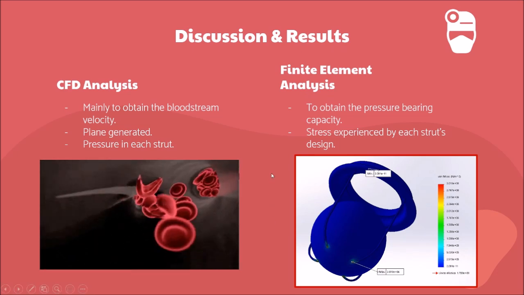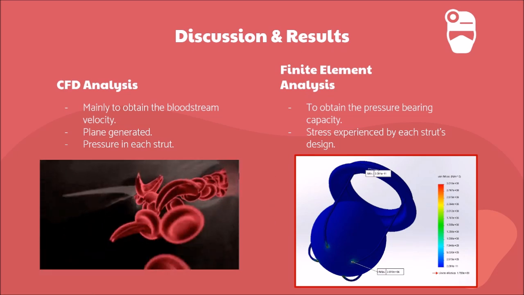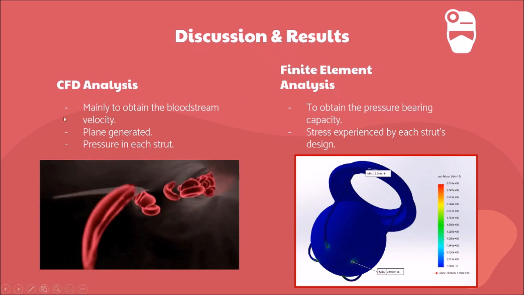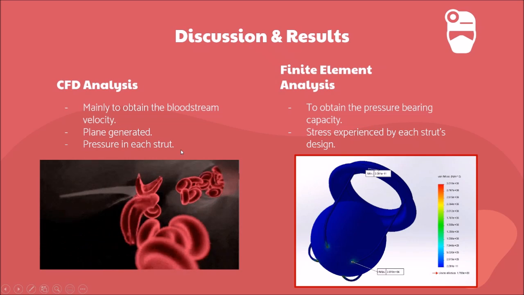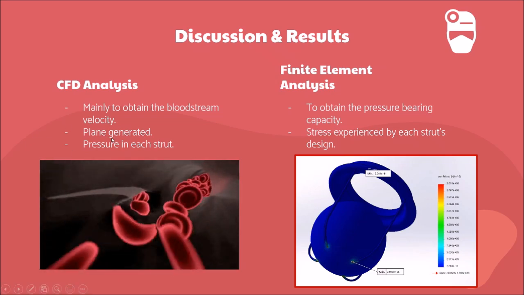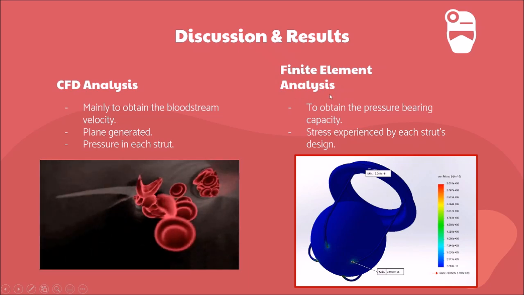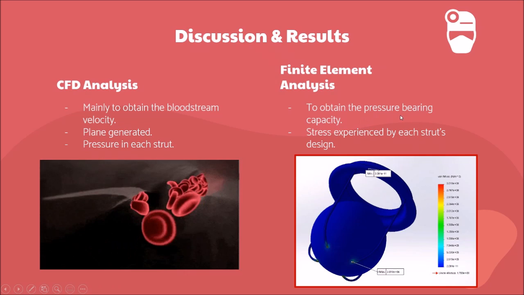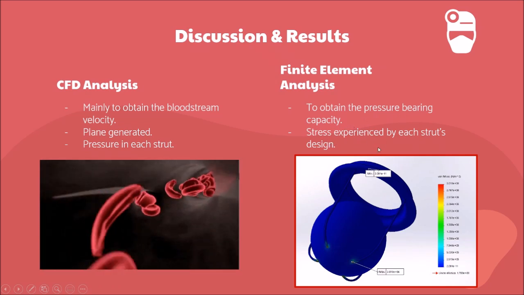We implemented 2 types of analysis: a computational fluid dynamics analysis and the finite element analysis. The CFD analysis we mainly used to obtain the bloodstream velocity and also to obtain the pressure in each strut. And the finite element analysis we implemented to obtain the pressure bearing capacity, which refers to the stress experienced by each strut.